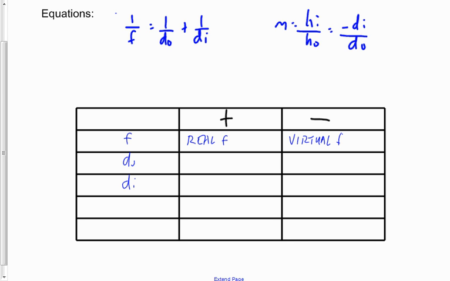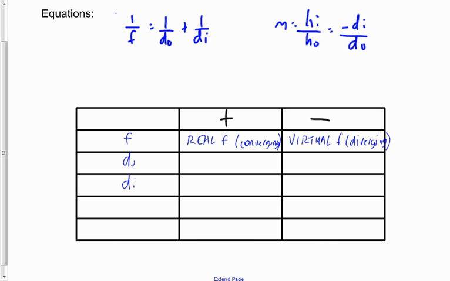What type of mirror produced a real focal point? If it was a mirror and it was converging, in other words, concave, we had a real focal point. If it's a lens and it's converging, in other words, convex, then we have a real focal point. So basically, whenever you have something that's converging, we have a real focal point. Whenever we have something that's diverging, we have a virtual focal point.